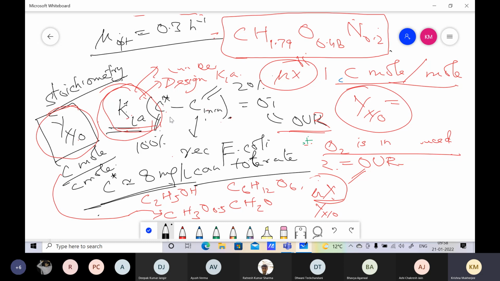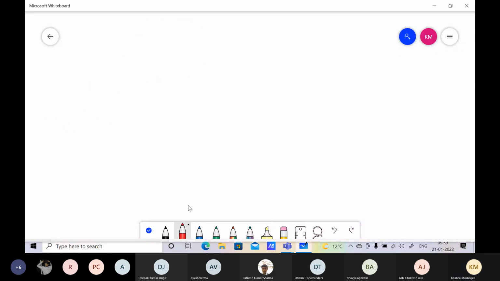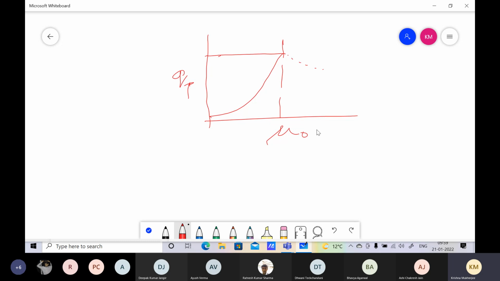These are things that I didn't want to talk about in the class, but as I pointed out, the issue that has been taught to you is that QP versus mu is a plot like this, and so I need mu optimum equal to 0.3. Therefore I have to ensure that till the point of induction mu is equal to mu optimum, otherwise I will not get that high QP, and I didn't talk about that.